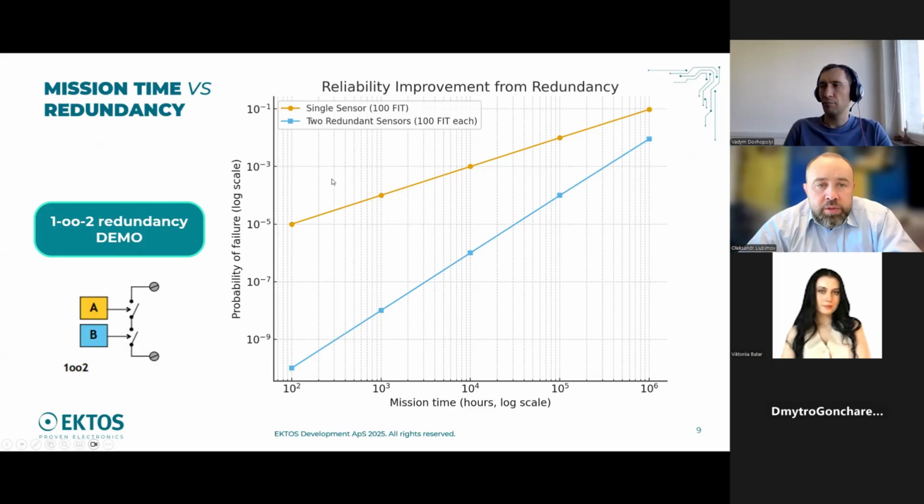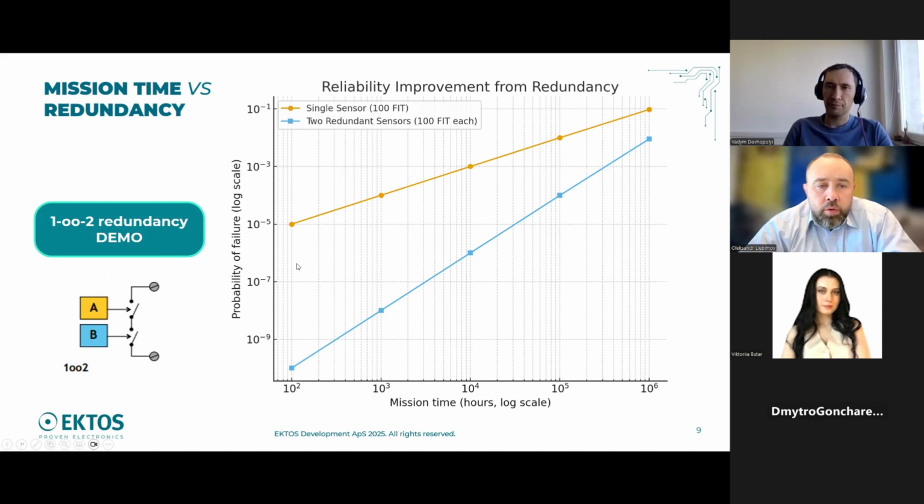So you can see, for instance, we have 2 sensors or 2 objects in a safety function. The single sensor gives us the yellow line of reliability, and the blue one is what we get when we have a duplication in a redundant manner by 1 out of 2 redundancy.